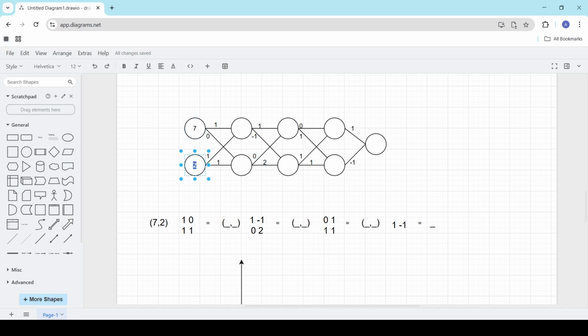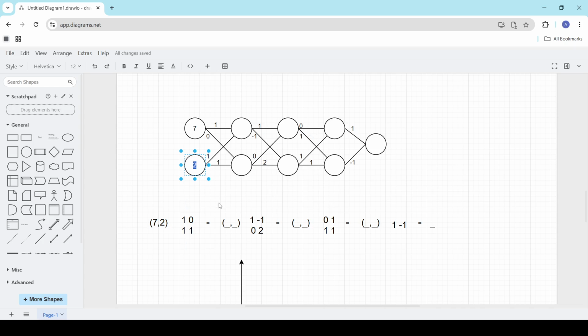I chose small numbers just so we don't get thrown off by the calculations. So let's imagine we have those features, 7 and 2, and based on those, our neural network should understand if the athlete is going to take part in a special team or not.